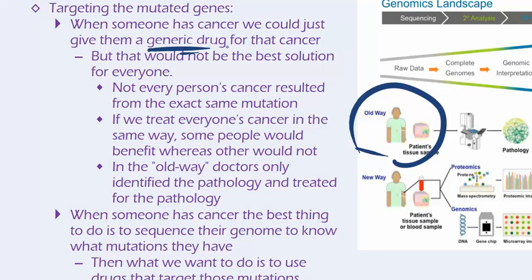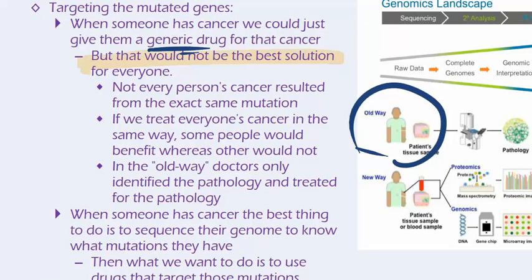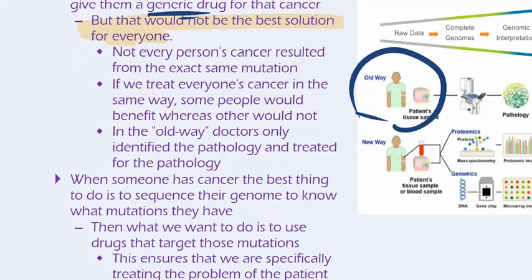So you give them a generic drug for the cancer, and then you give them a certain amount based on what has already been established, right? But the idea is that being general is not going to work for everyone.